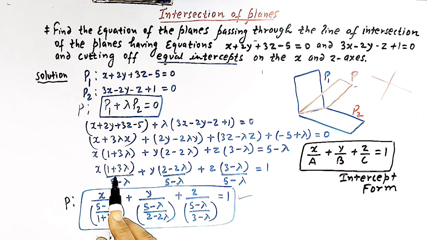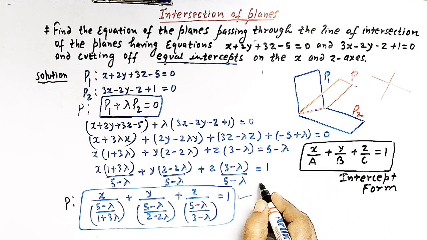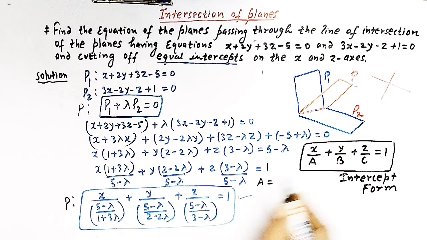That's why we have written 1 + 3λ, 2 − 2λ and 3 − λ in the denominator of 5 − λ. So the lengths of the intercepts cut by plane P on the three axes are given by comparing these two equations.